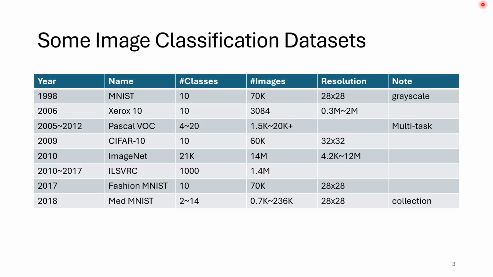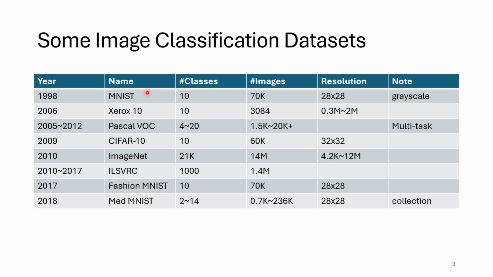So this is a table showing some image classification datasets, and we will go through all of them. You can see in the very beginning, 1998, there is MNIST. This is a very famous dataset. There are only 10 classes.